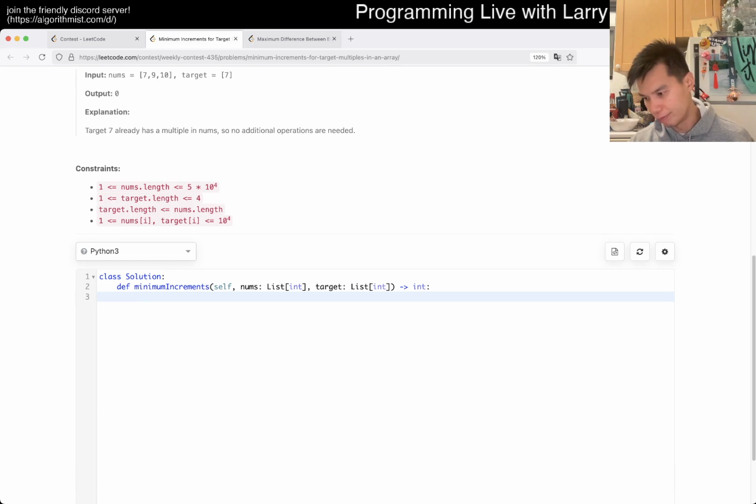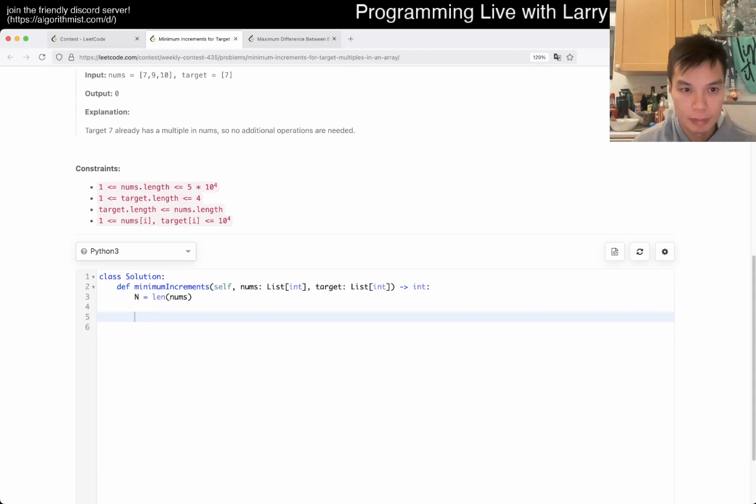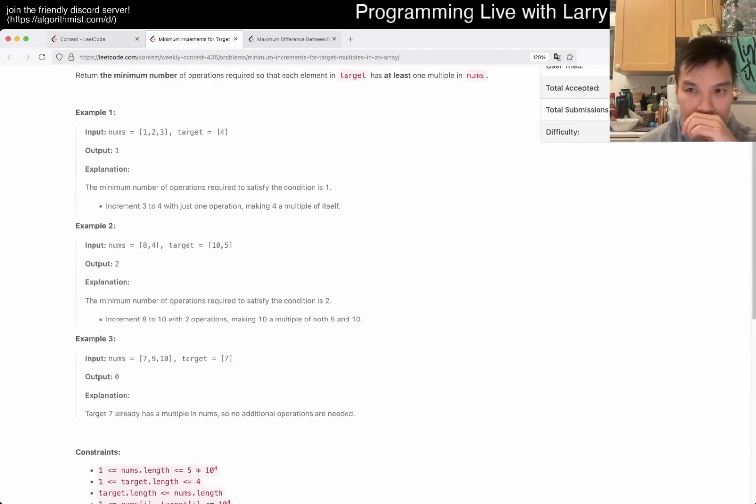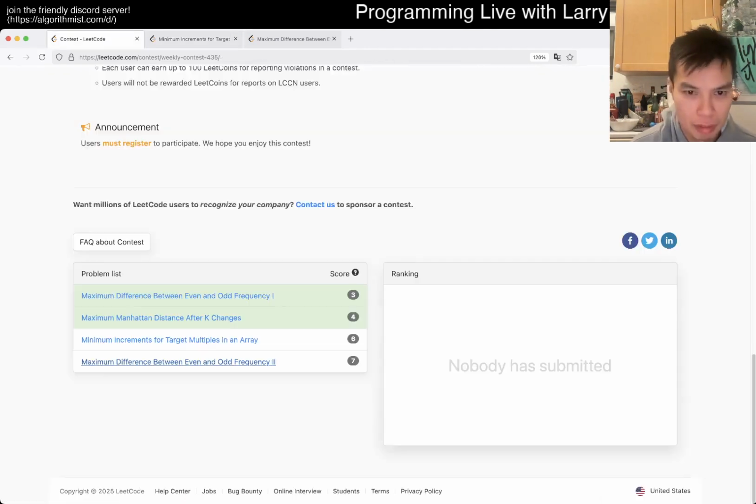It's actually like 4 factorial times 2 to the 4 or something like that, or 2 to the 3, I suppose, times 8. Which is not that bad, right? Okay, I think that's good. This is a 6th problem.